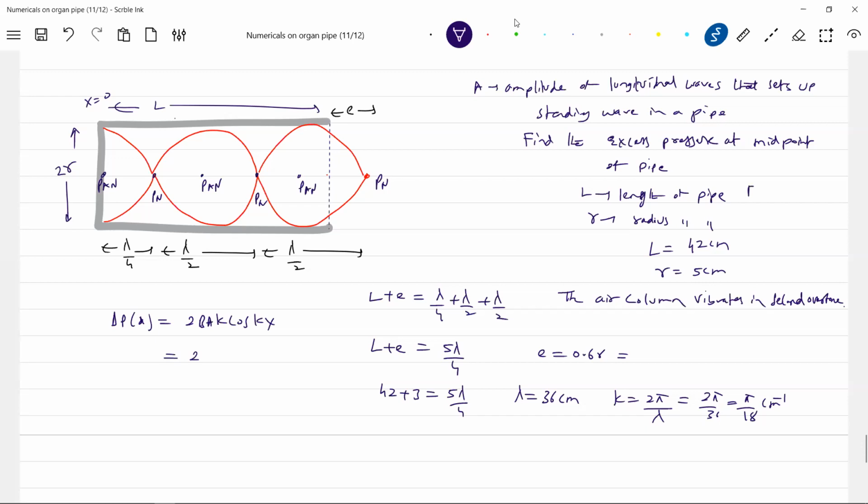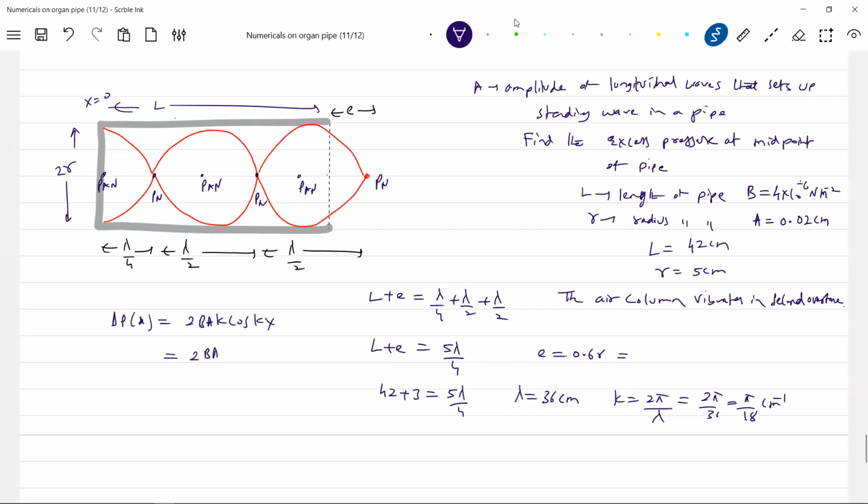I'll give the bulk modulus value. The amplitude of the displacement wave will be very small, so let me put 0.02 centimeter. Let me supply all the things. Okay, now we know the value of k.